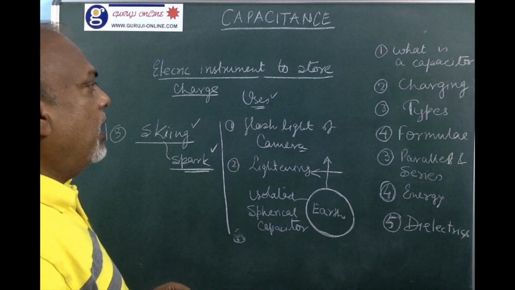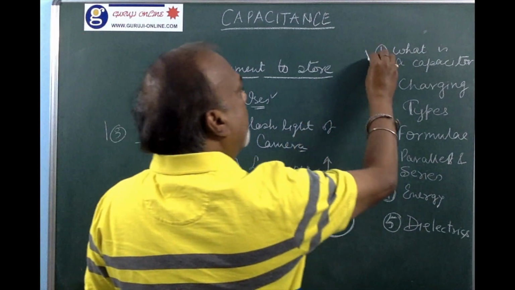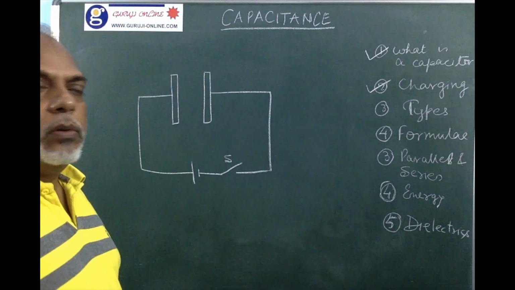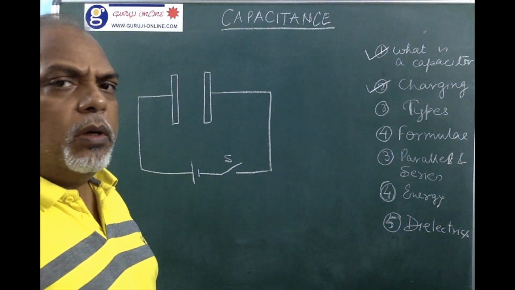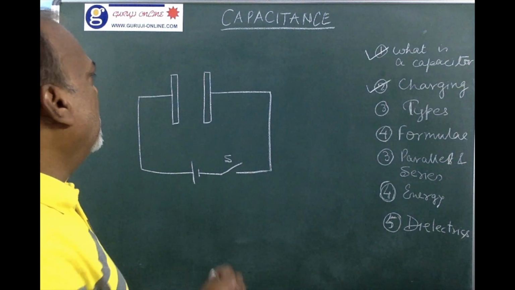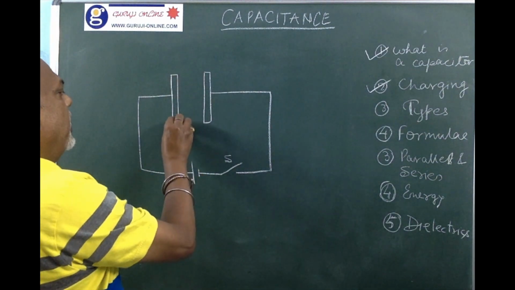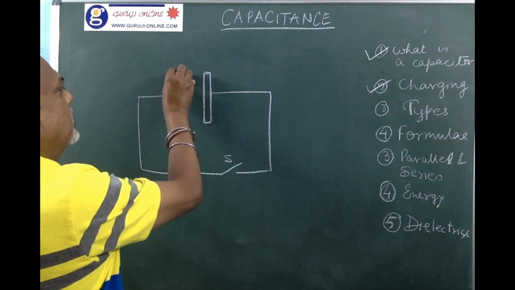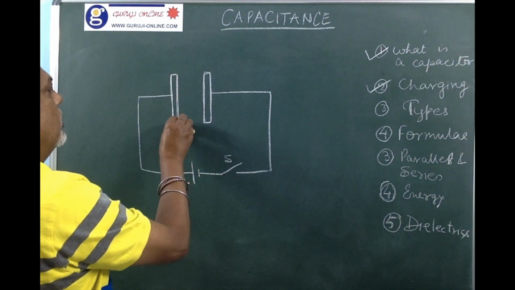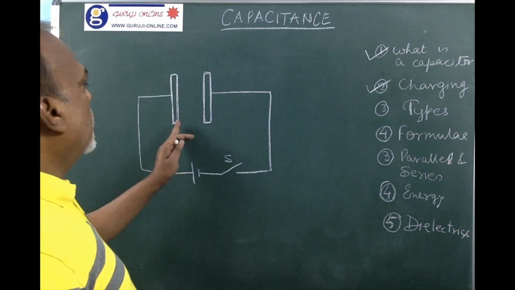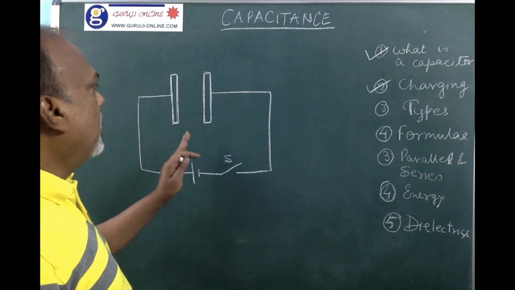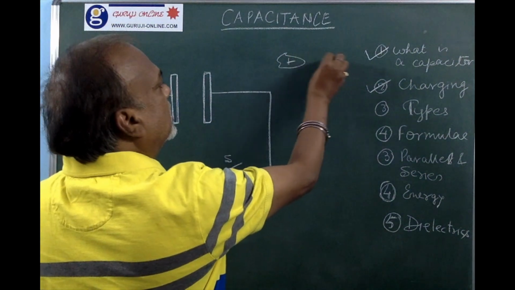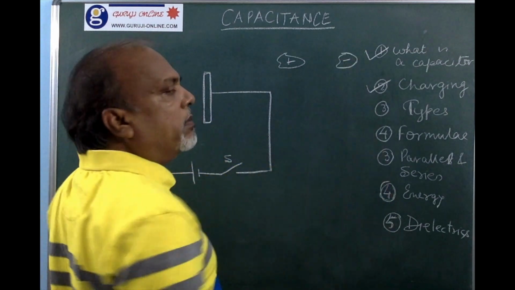So now let us go to how it is charged. Let us understand how this capacitor is charged. Basically, this is the parallel plate capacitor. A capacitor is nothing but two plates. It can be of any geometry. Suppose this is plus and this is minus.